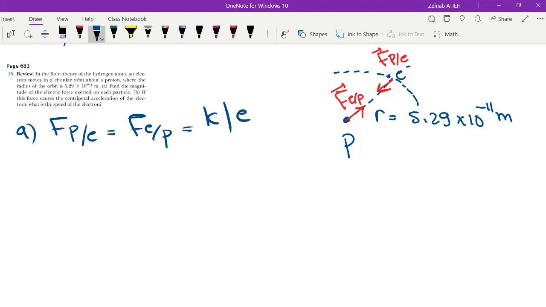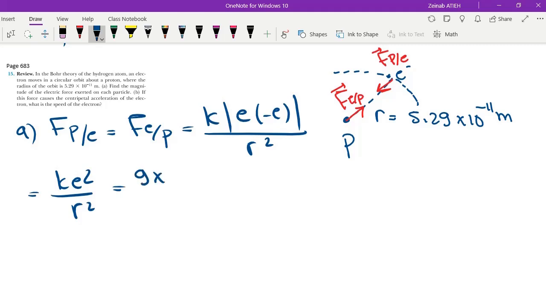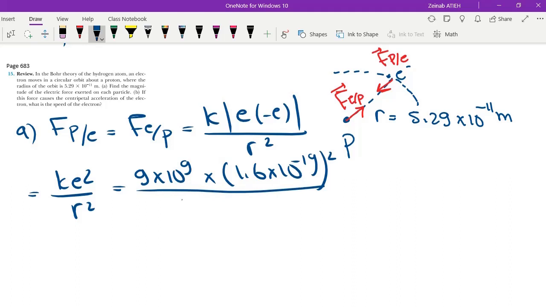It's equal to K, the magnitude of the first, which is e, the charge of the proton, times e, the charge of the electron, over the distance between them, which is R squared. So I've got everything, I just need to substitute. It's K e squared over R squared, which is equal to 9 times 10 to the power 9 times 1.6 times 10 to the power minus 19 squared, over R squared, which is 5.29 times 10 to the power minus 11 squared.